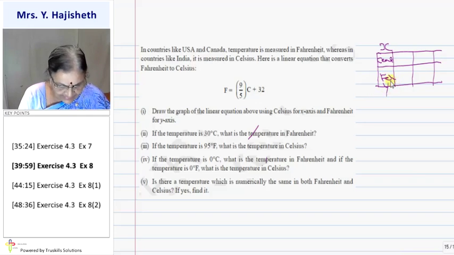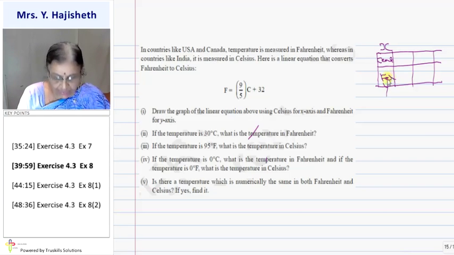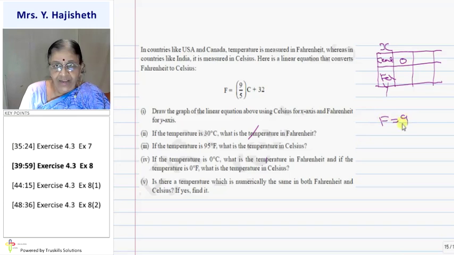Centigrade on X axis and Fahrenheit on Y axis. Now, if I put C is 0, F is 9 by 5 into 0 plus 32. So when C is 0, my F is 32. Clear? So one of the solutions is 0, 32.